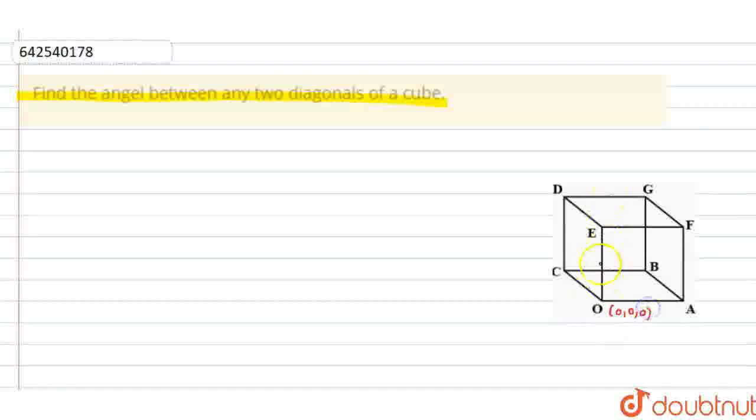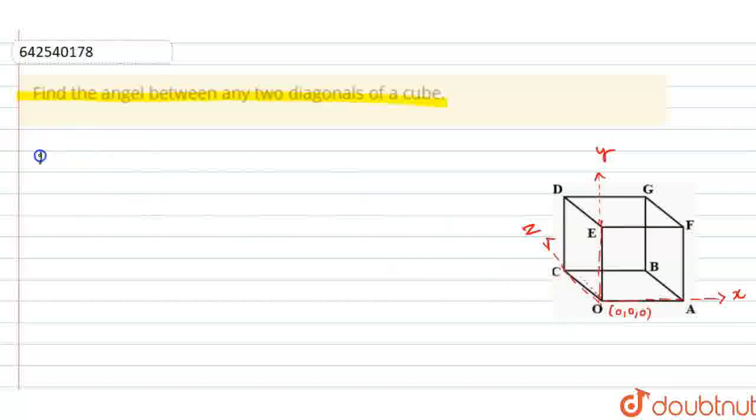So if this is the origin, then this must be the y-axis, and this must be the x-axis. And the one that is going in the backward direction will be z. Let us name the vertices.